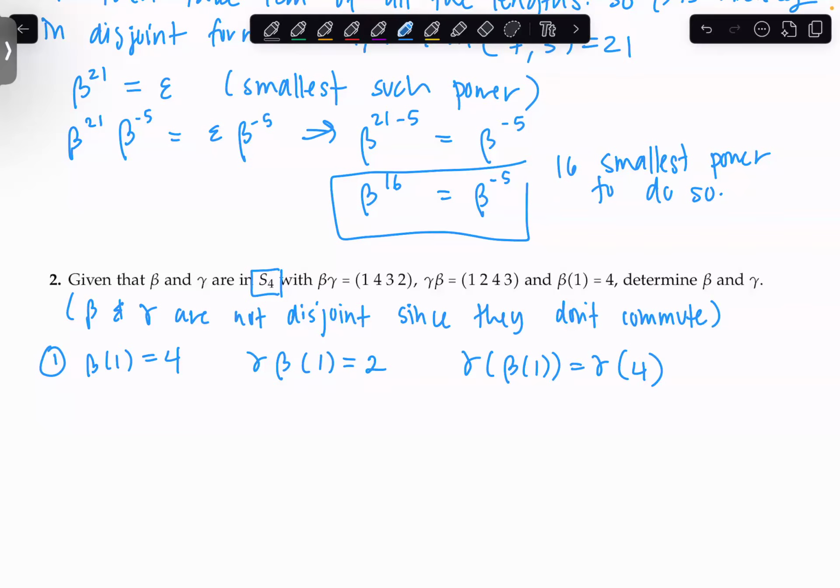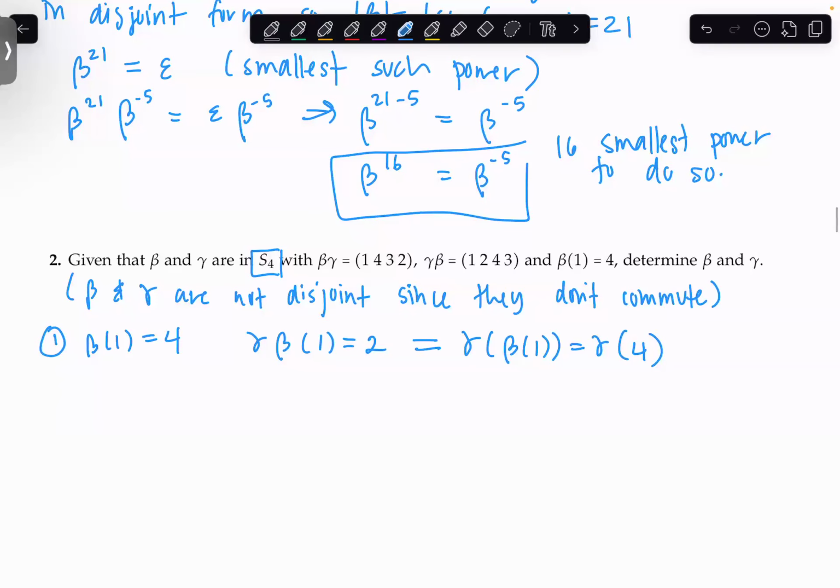This composition is the same as working with the rightmost and then the leftmost. So this immediately just told me gamma of 4 gave me back 2. So in the cycle notation, I'll see 4, and then right next to it, I'll see the 2 for gamma. And for beta, in cycle notation, I'll see 1, and right next to it, I'll see the 4.